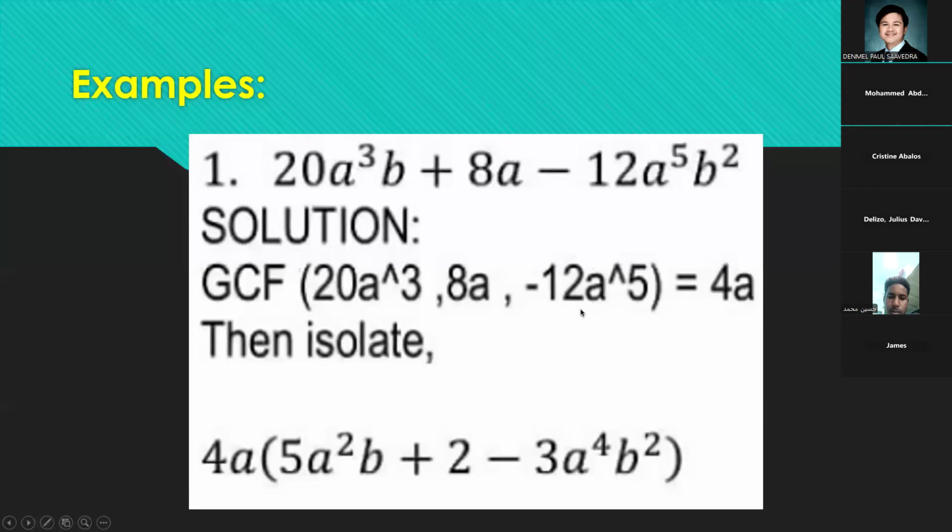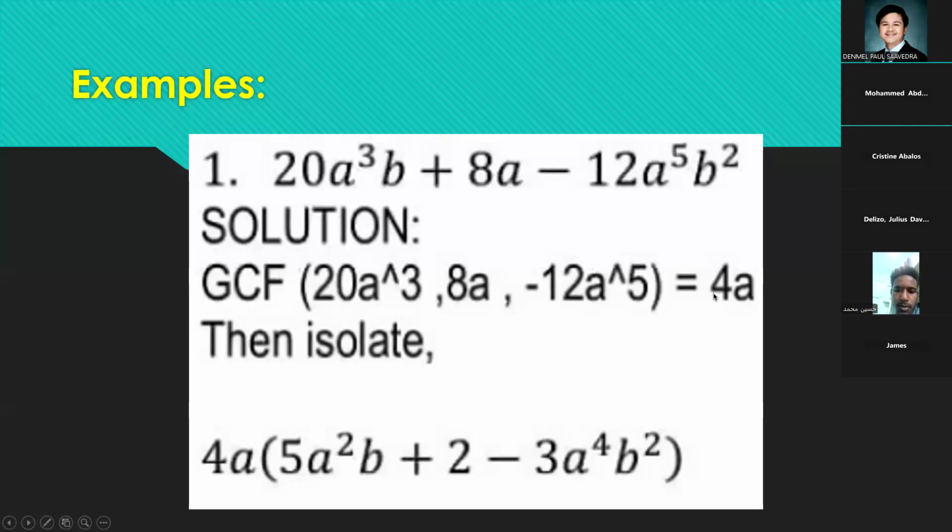To know that, of course, get all the constants first. So 20, 8, and then 12. All of them are divisible by 2, correct? But that is not the highest common factor. The highest common factor is actually 4. All of them are divisible by 4.